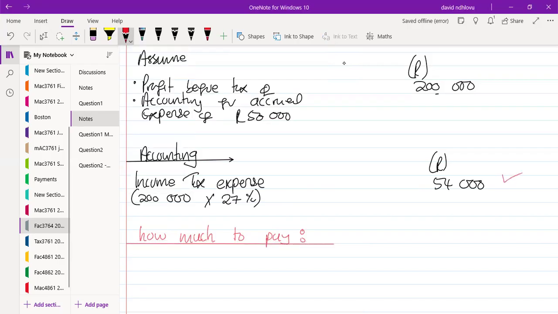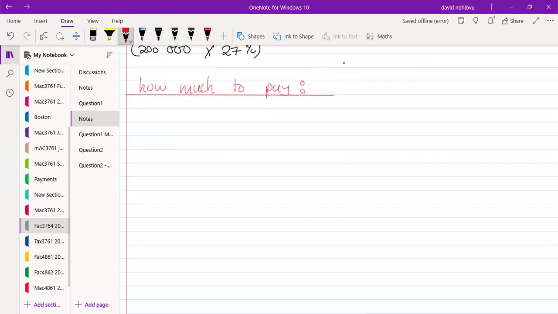Accounting says 54,000 is the expense incurred. However, we use the amount recognized by tax as payable to determine what we should pay of that amount. So therefore, to calculate that, we do what we have been doing. In terms of SARS, we need to calculate taxable income.